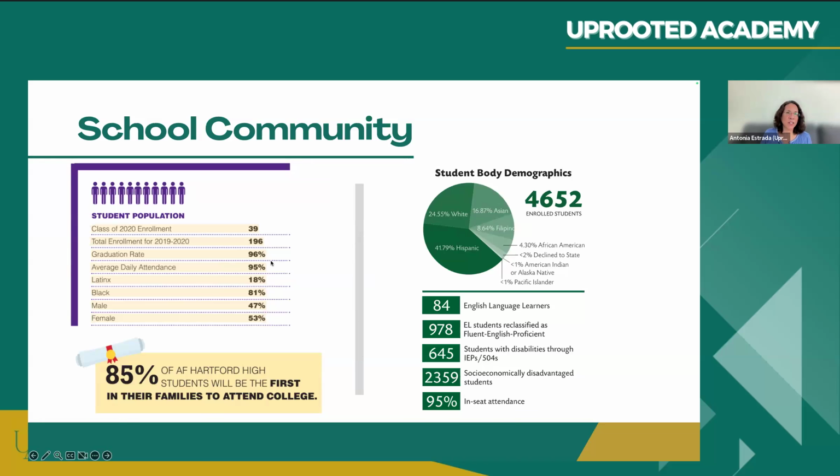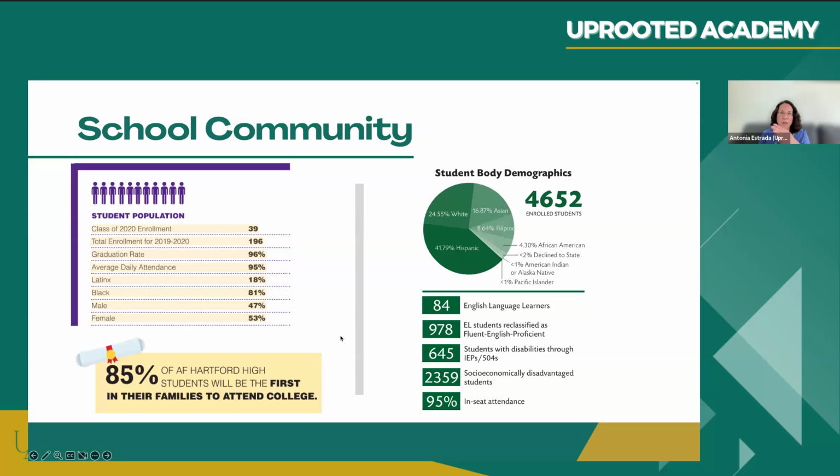They've also included some statistics on graduation rate and average attendance, which in this case, because they're so high, they've wanted to include because that highlights that students are very committed to their education at this particular school. And then they have here the percentage of students who are the first in their families to attend college. So instead of including it here as another row, they've added a little graphic because it's something that they wanted to highlight.